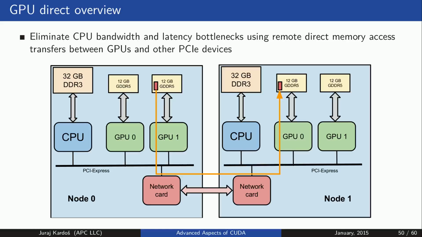GPU Direct eliminates unnecessary system memory copies, dramatically lowers CPU overhead, and reduces latency, resulting in significant performance improvements in data transfers. GPU Direct is also essential requirement to utilize CUDA-aware MPI.